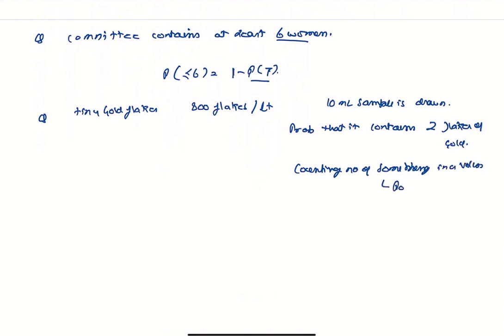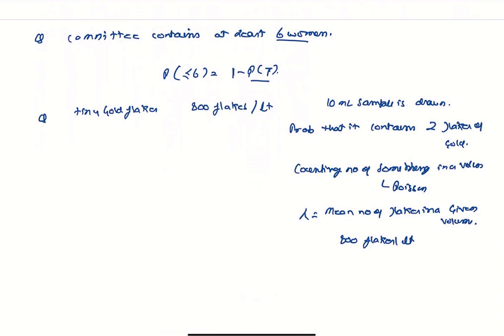Thus it is a Poisson distribution, and lambda is the mean number of flakes in the given volume, which is 800 flakes in a liter.